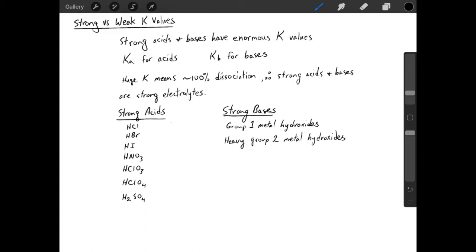The strong bases are the group 1 metal hydroxides, so things like sodium hydroxide or potassium hydroxide, and the heavy group 2 metal hydroxides. So a heavy group 2 metal hydroxide would be calcium, strontium, and barium hydroxide.